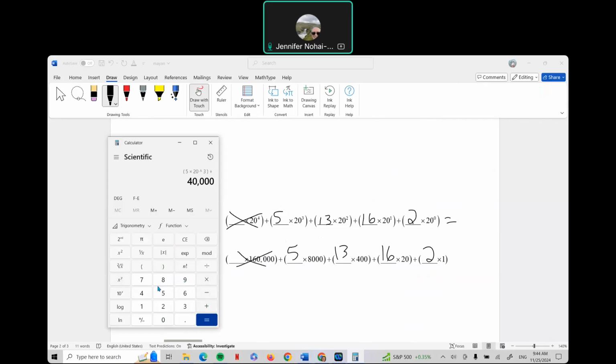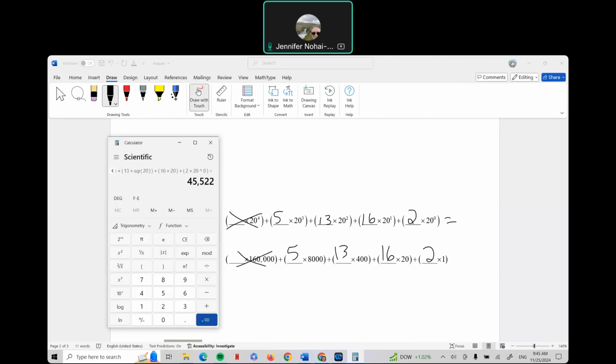Okay, plus 13 times 20, and I'm going to use the squared button for that one. Don't forget that set of parentheses, plus 16 times 20, plus 2 times 20 to the 0 power.